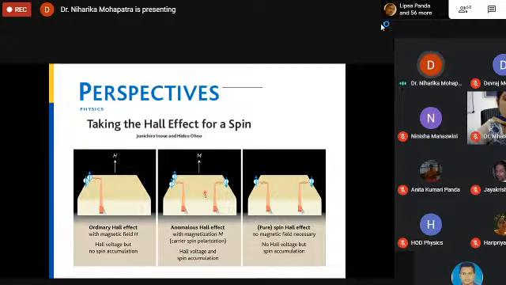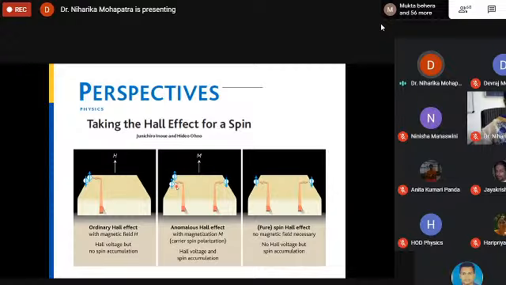Now, when you come to the anomalous Hall effect due to magnetization, you find that the charges are separated, but there is accumulation of up spin along one direction and down spin along the other direction. Since there is a net magnetization, one kind of spin has more electron density than the other kind of spin, so obviously you develop a Hall voltage in this case also.